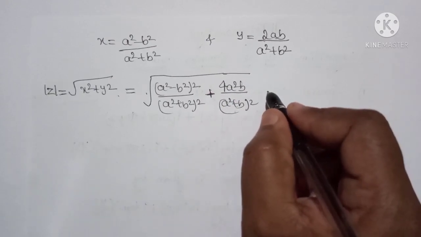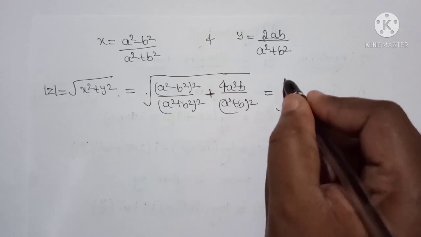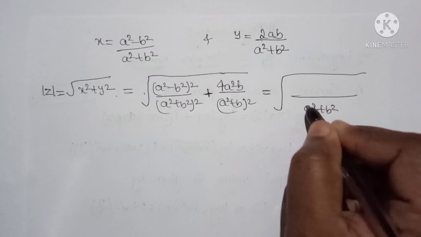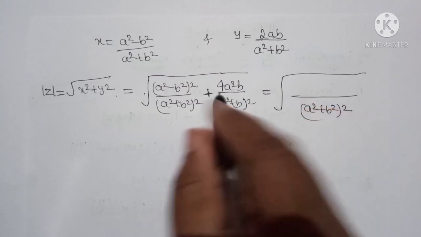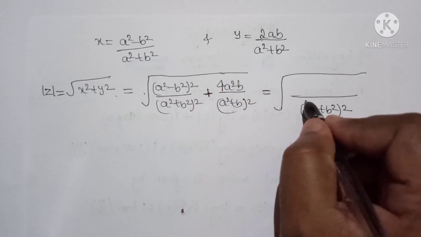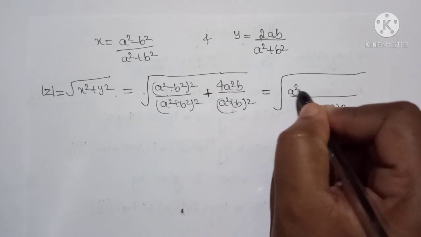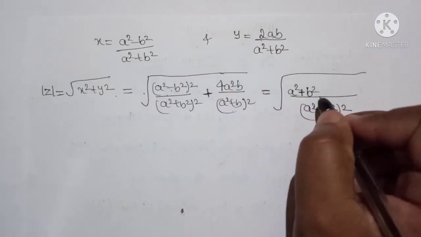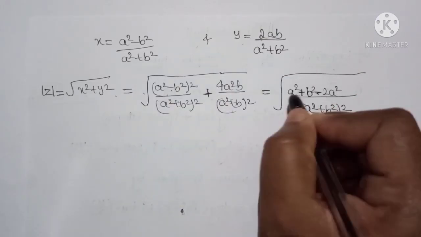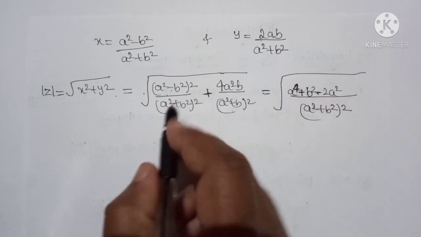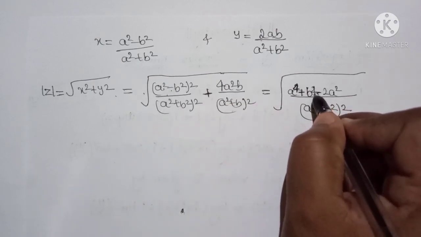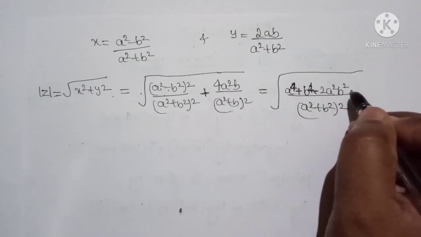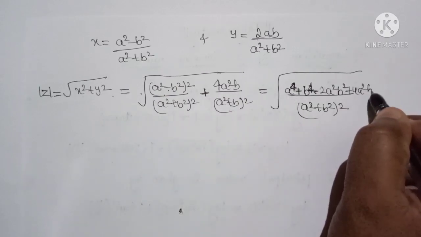Now taking the LCM, which is (a square plus b square) whole square, in the numerator we get (a square minus b square) whole square, expanding this, a power 4 plus b power 4 minus 2a square b square, plus this 4a square b square.